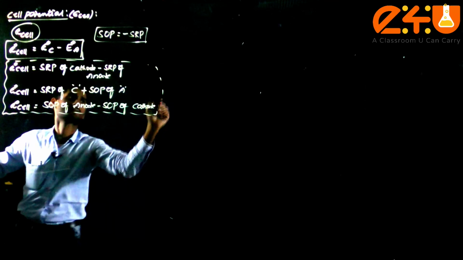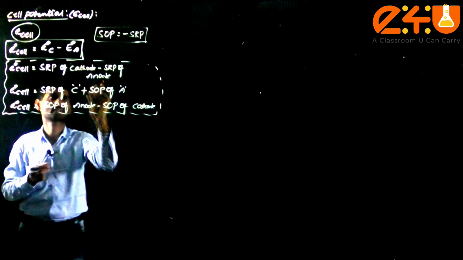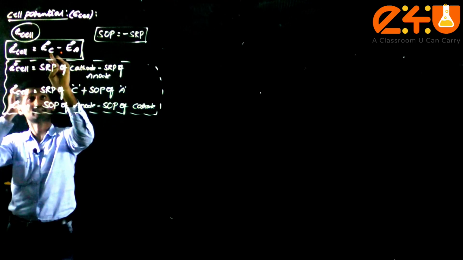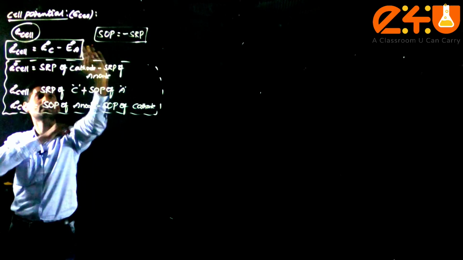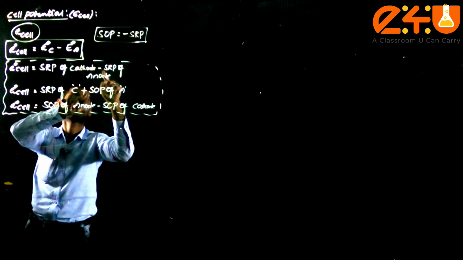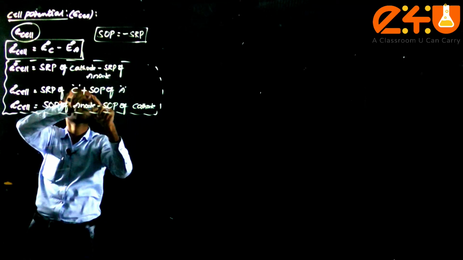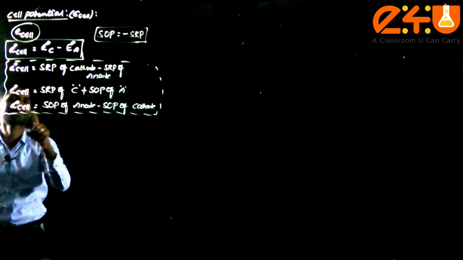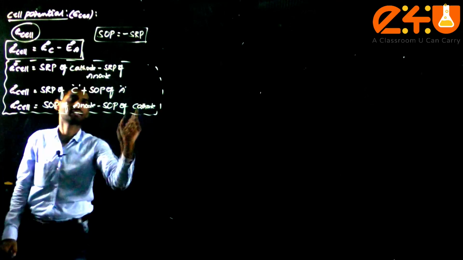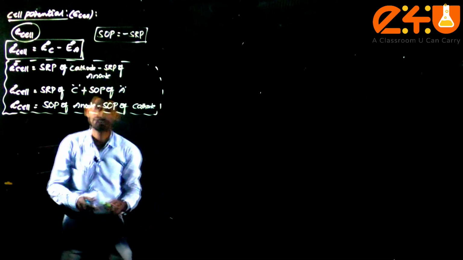It is the standard reduction potential of cathode minus the standard reduction potential of anode, because reduction takes place at the cathode and oxidation at the anode. So SRP of cathode minus SRP of anode becomes SRP of cathode plus SOP of anode. Then E naught cell is equal to the standard oxidation potential of anode minus the standard oxidation potential of cathode. This is also a way we can do it.